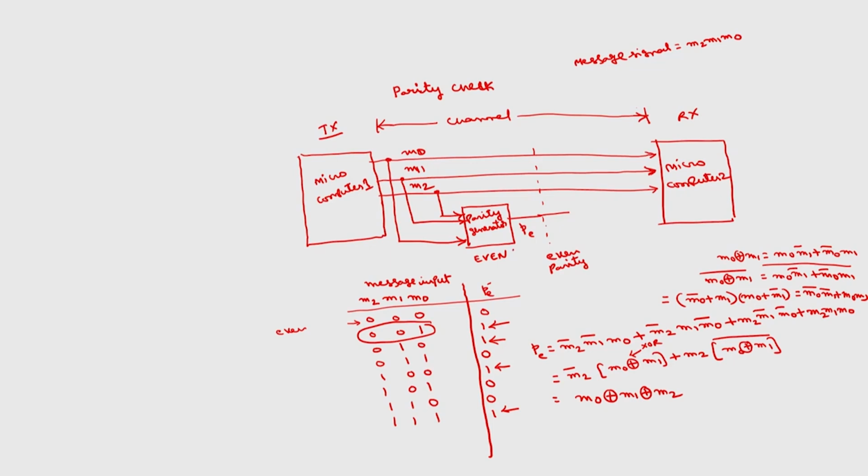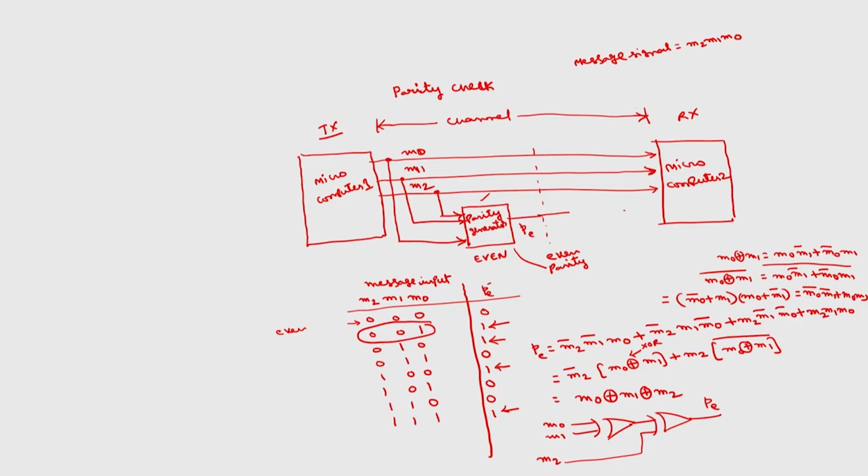So, the circuitry inside this even parity generator is basically 3 exclusive OR gates, with PE as output and M0, M1, M2 as inputs. This circuitry will be available inside this parity generator.